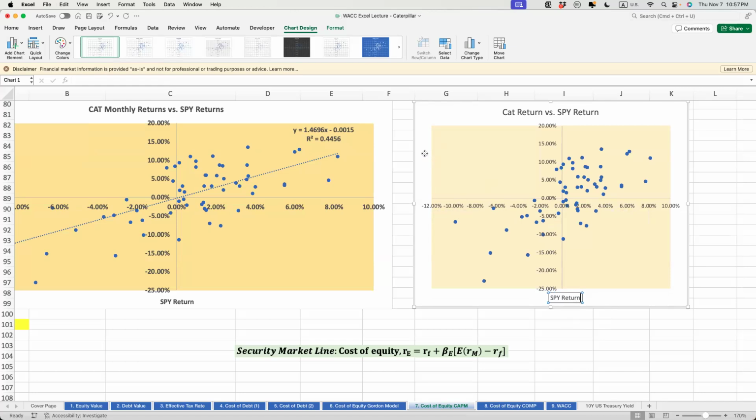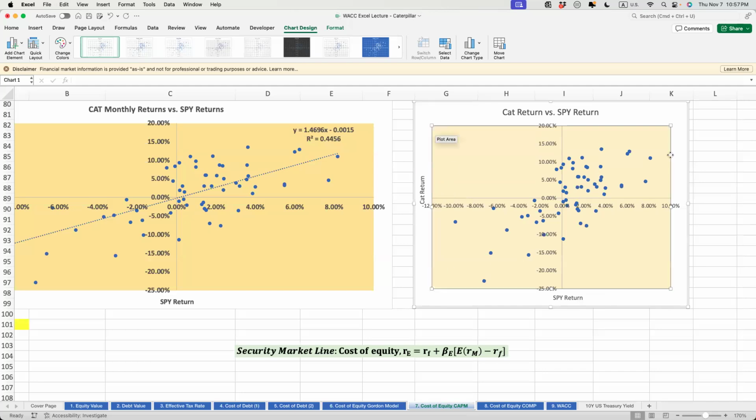So this is SPY return. Then let's add another chart element, the axis title for primary vertical. For the y-axis, what does it represent? The y-axis represents the Caterpillar return.